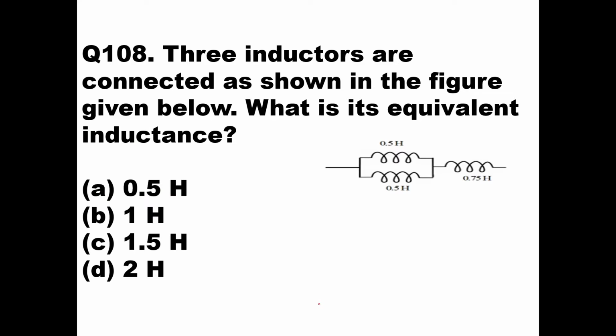Question number 108. Three inductors are connected as shown in the figure given below. What is its equivalent inductance? Again, the same type of question is asked here. So here we see that 0.5 Henry and another 0.5 Henry are in parallel, and then this combination is in series with 0.75 Henry.